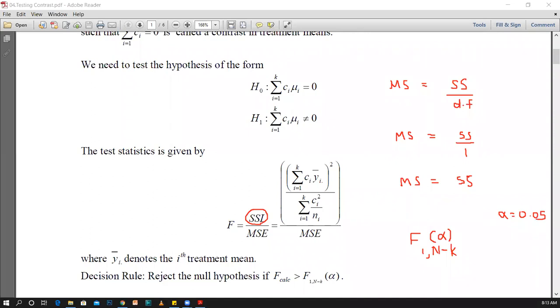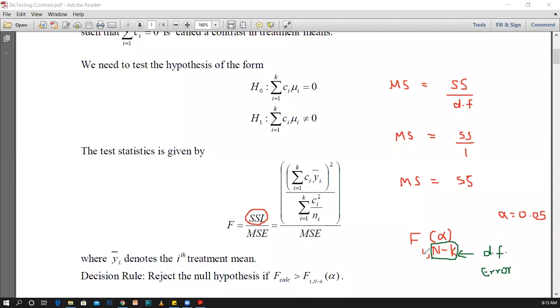And this n minus k, once you deal with the calculation, you can identify is the degrees of freedom for the error. This is the error degrees of freedom, n minus k, and here the degrees of freedom of the numerator would be 1.